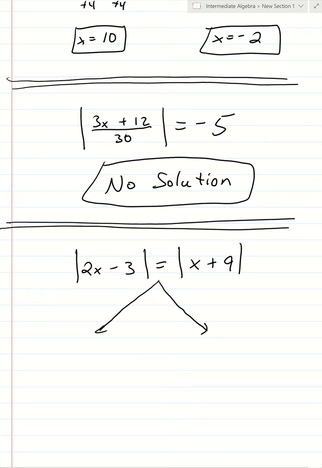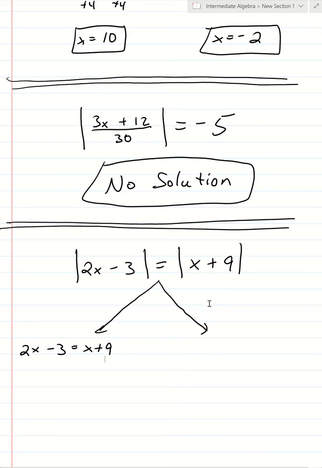And the first relationship, just like all the other ones, you just drop the absolute value bars, in which case you would write 2x minus 3 equals x plus 9. It's the second relationship, remember, that you always have to take the opposite of the quantity on the right side.